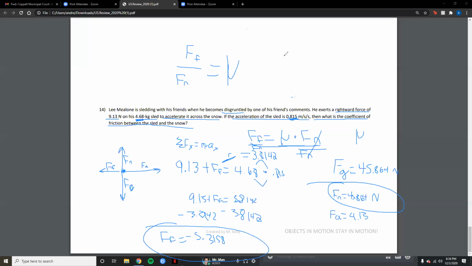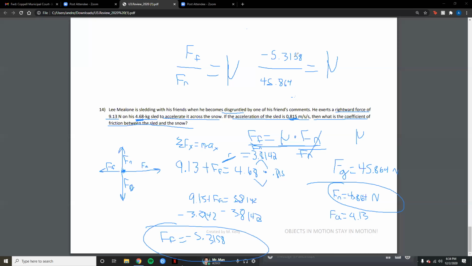So what do we get for f of f? Negative 5.3158. And what do we get for f of n? 45.864. Then that equals mu.